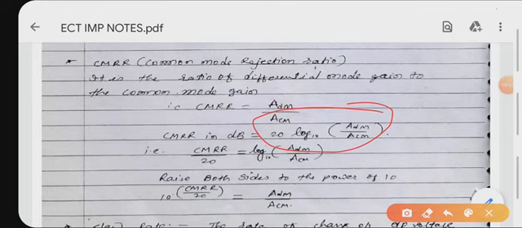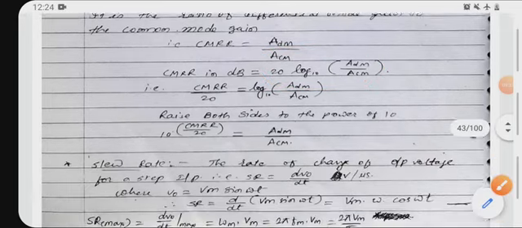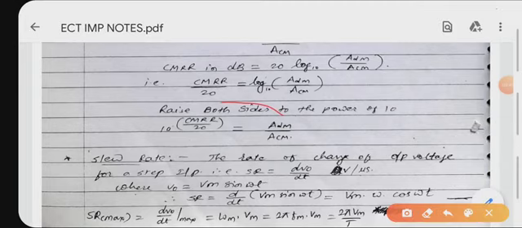So by simplifying this formula, you will get 10 to the power CMRR by 20 is equal to ADM by ACM, by raising both sides to the power of 10. Okay, so basically, keep in mind the formula. CMRR in dB is equal to 20 log to the base 10 ADM by ACM, and you can rearrange it further as shown here.